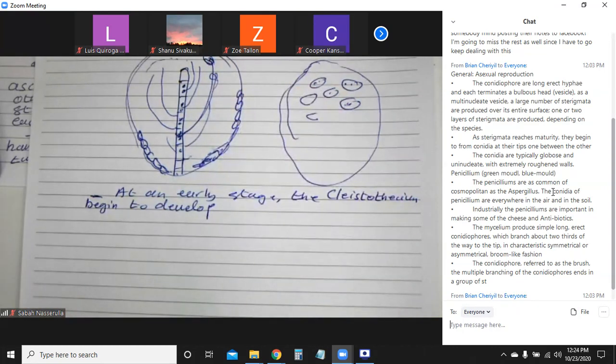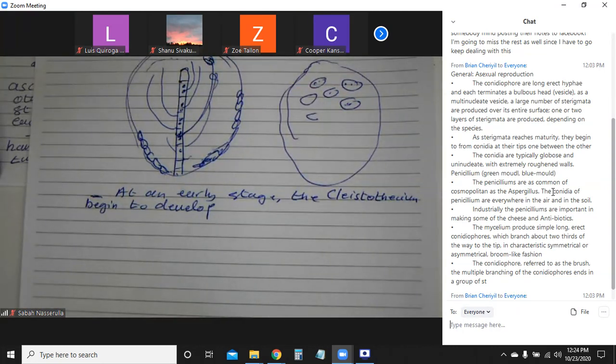Stroma is basically when the wall of a cleistothecium has many layers. I'm going to show it to you later in another example.